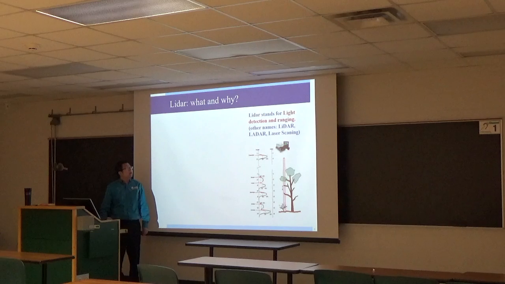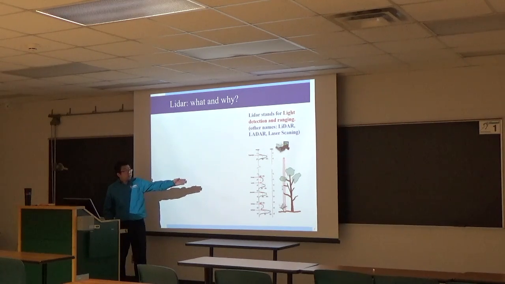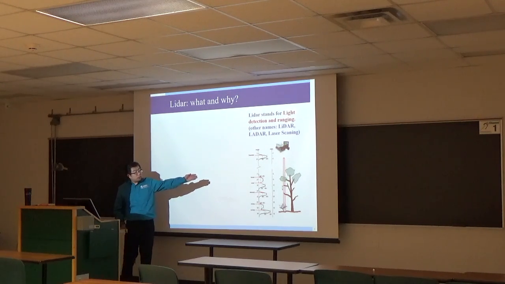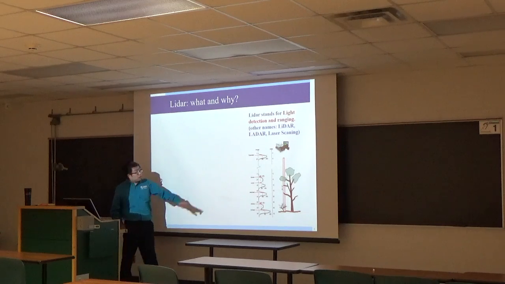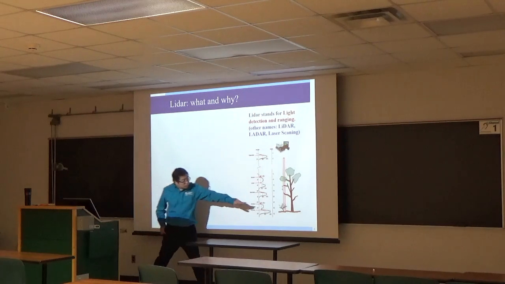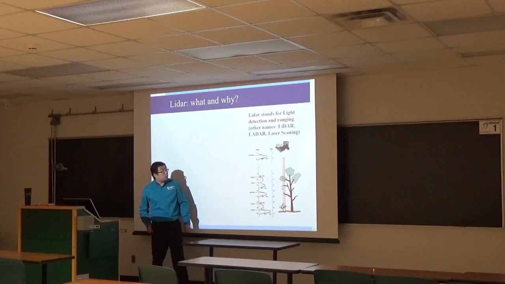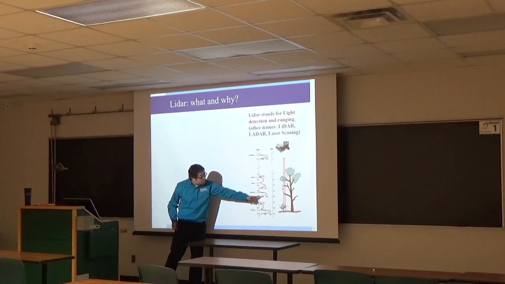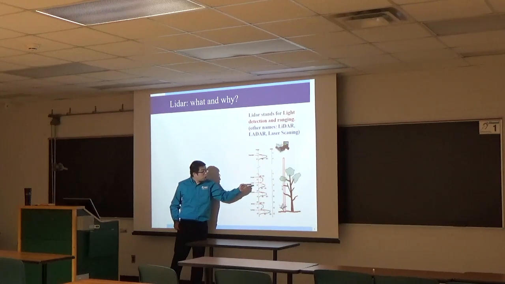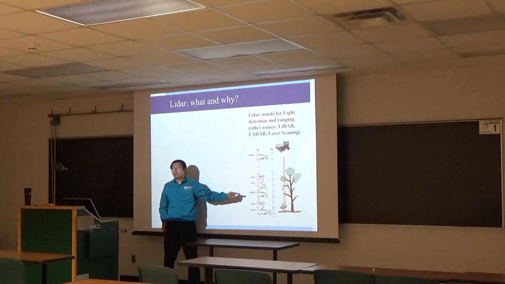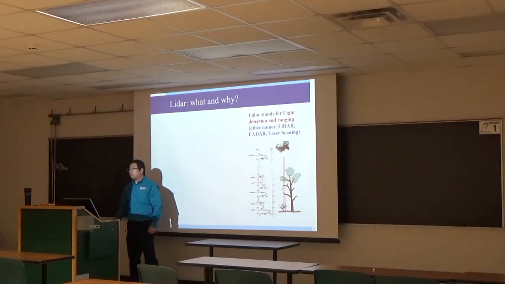It usually has a laser sensor that shoots a laser beam at the ground, and it will intersect with some objects above the ground, like the tree there, and may also touch the ground. The red beam there is what we call the footprint, and this energy return is the full waveform of the LiDAR, and the red points are the discrete points of the LiDAR if we save the data as a point cloud.